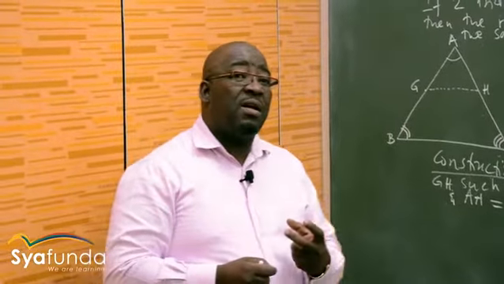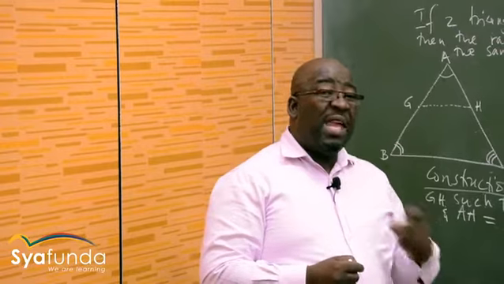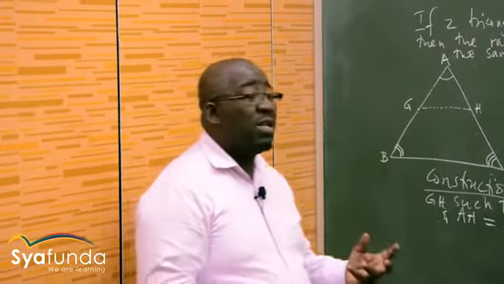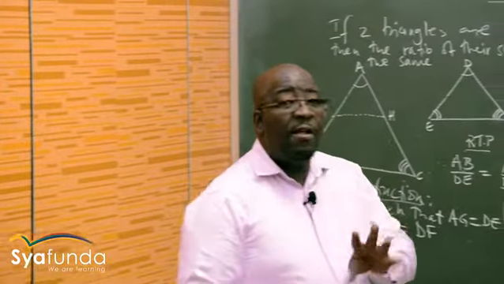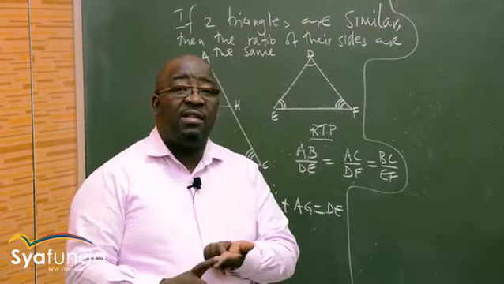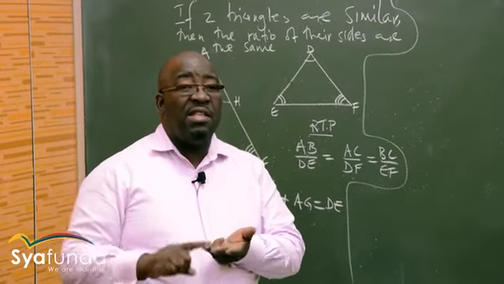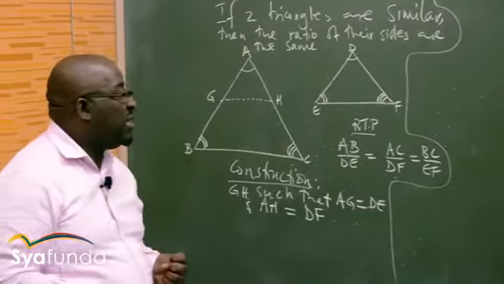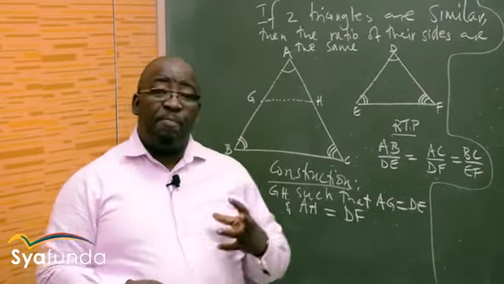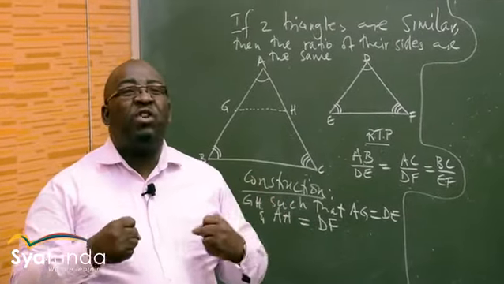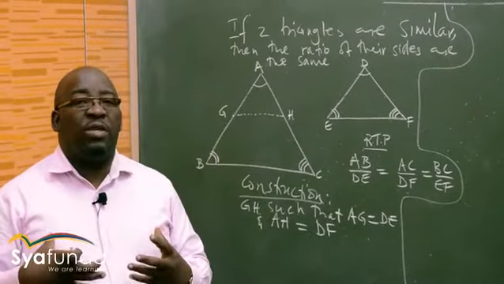There comes another term, congruency, equal in all respect. There are 4 cases of congruency. First one is side, side, side; side, angle, side; angle, angle, side; and 90 degrees, hypotenuse, side. Those are the 4 cases of congruency. Congruence means those 2 figures are the same, like identical twins.